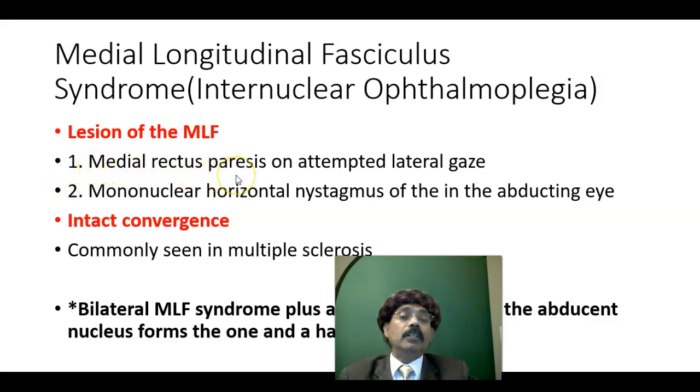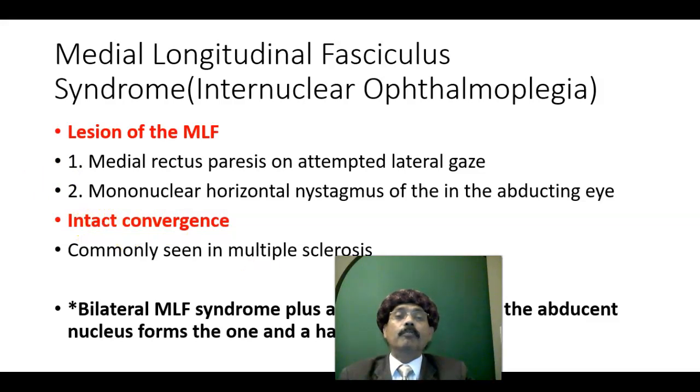On the other side, by the action of the lateral rectus, the eyeball will move laterally. And there will be horizontal nystagmus of the abducting eye. But we must remember that in medial longitudinal fasciculus syndrome, the convergence of the two eyes is intact. That is very important for diagnosis.